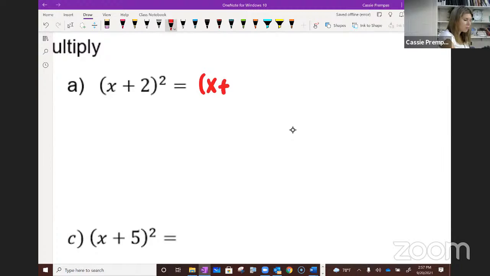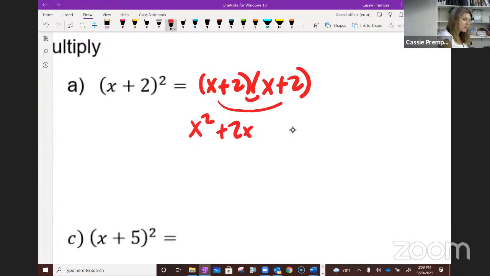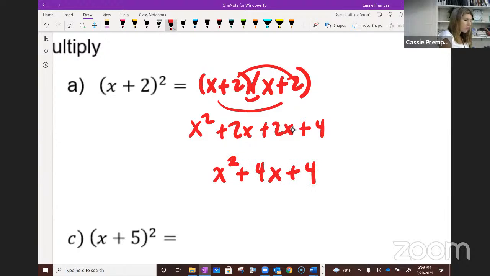Foil it. Now you might notice a pattern when you foil the same thing, the same number times itself. Because the first one is x squared, outside is 2x, inside is 2x, last is 2 squared, which is 4. So this simplifies to x squared plus 4x plus 4.